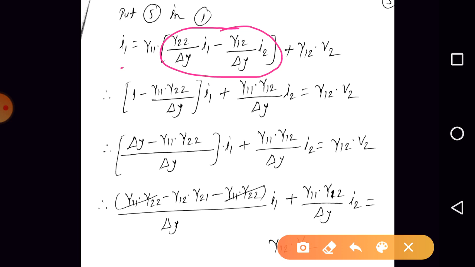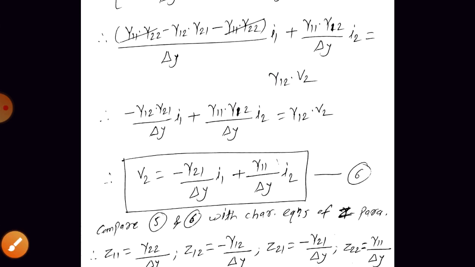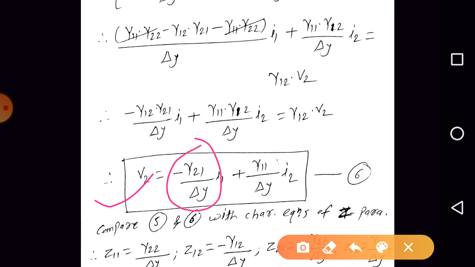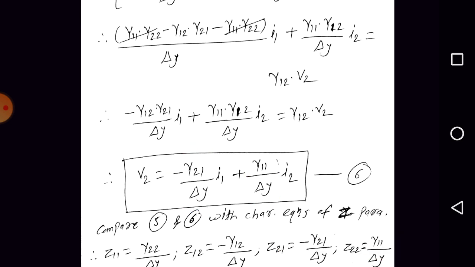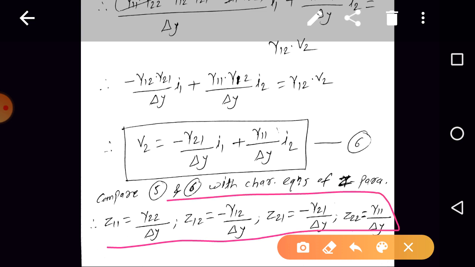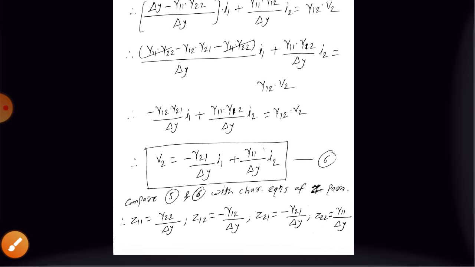After that, rearranging the terms, we will be getting the expression for V2 in terms of I1 and I2. So V2 is equal to Z21 I1 plus Z22 I2. What is Z21? Minus Y21 by delta Y. And Z22 is Y11 by delta Y. So this is about the Z parameters in terms of Y parameters, that is the Y to Z parameter conversion. Are you getting the point, right?